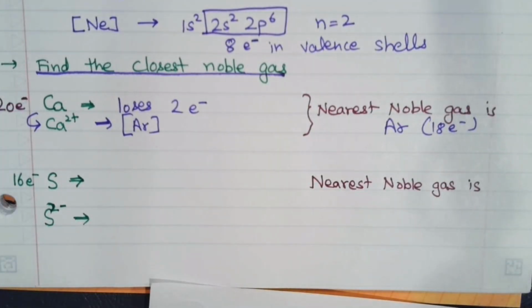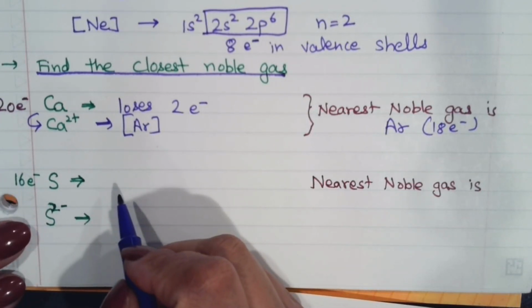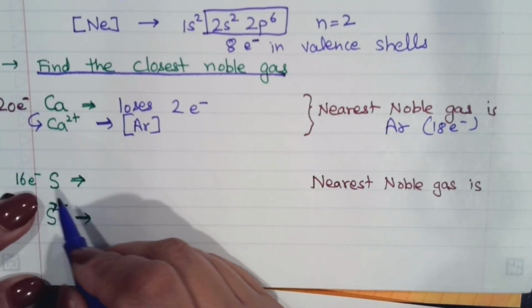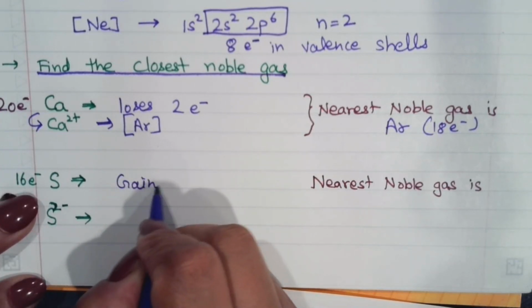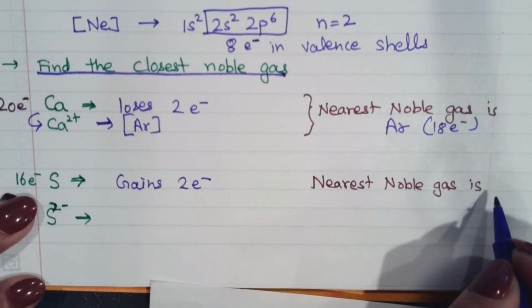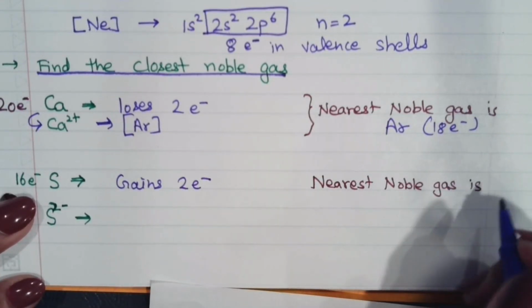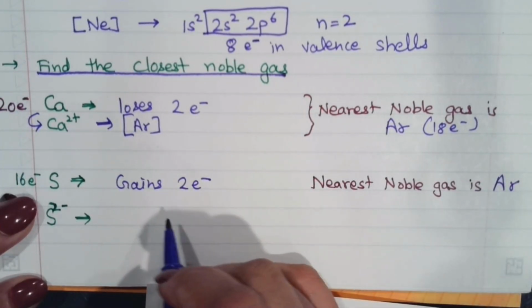Now if you take out electrons, you end up with a cation. But since sulfur wants to gain 2 electrons, it gains 2 electrons to look like argon, because the nearest noble gas is argon.